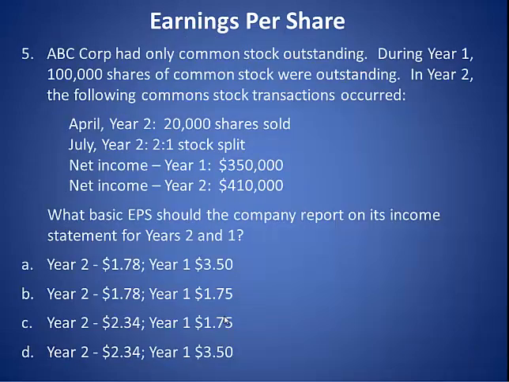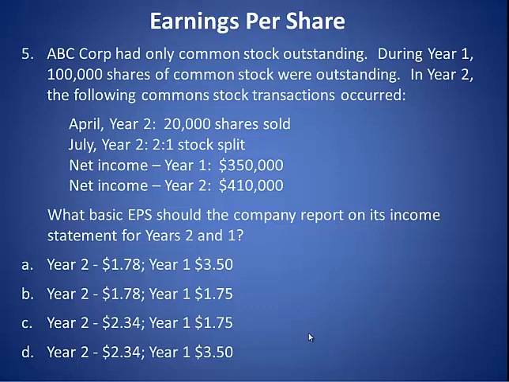Okay, let's go on to question number 5. And I know you had this in class. Most people didn't get it, so let's try it again. ABC had only common stock outstanding. During year 1, 100,000 shares were outstanding. In year 2, the following common stock transactions occurred.